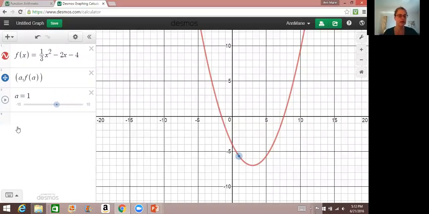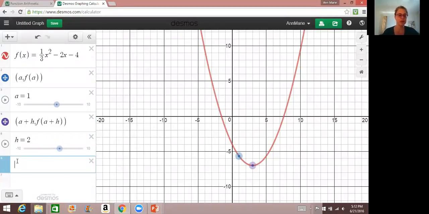Okay, now, I'm going to put another value on here. And that value is going to be the point a plus h, comma, f of a plus h. And I'm going to be able to move my h around. So we'll make h be 2.